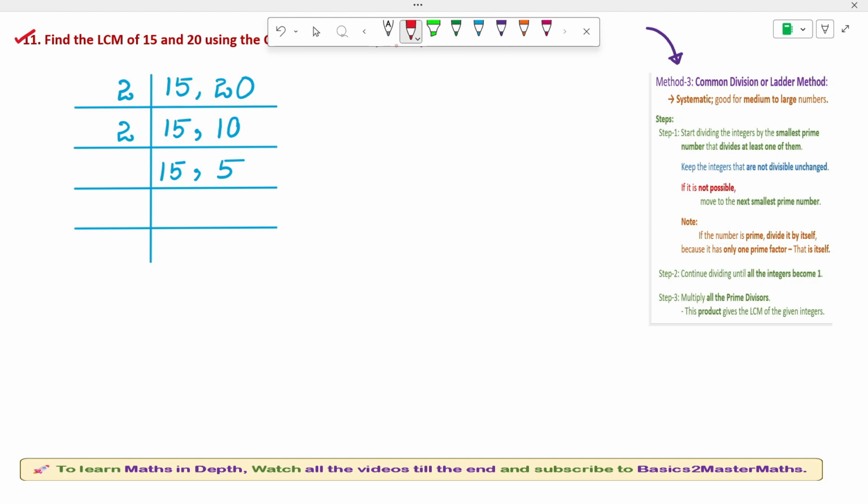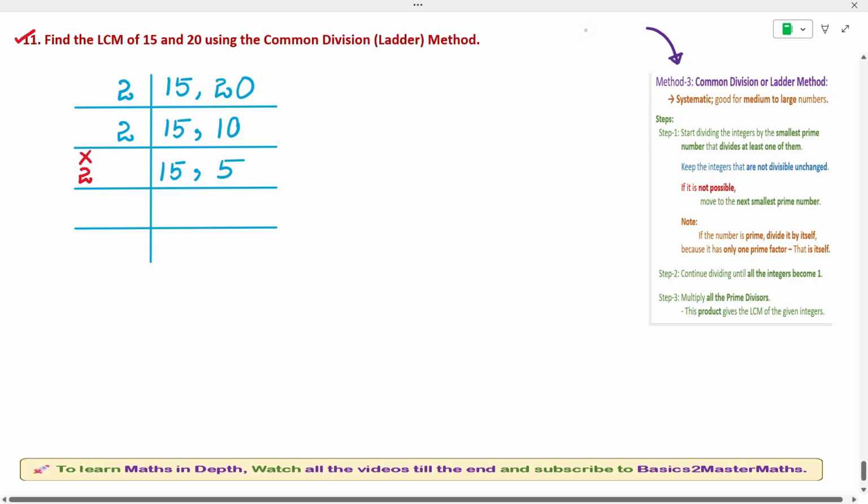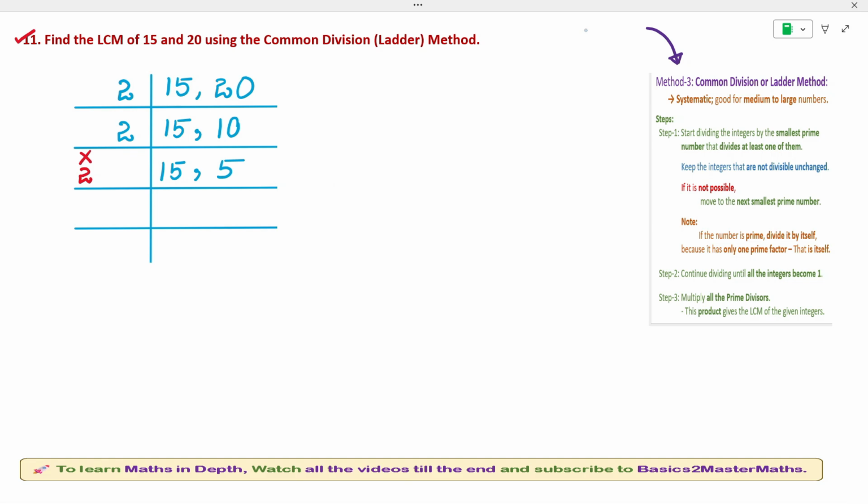Again, start dividing 15 and 5 by the smallest prime, 2. Since 2 does not divide any of the integers exactly, move to the next smallest prime, 3.